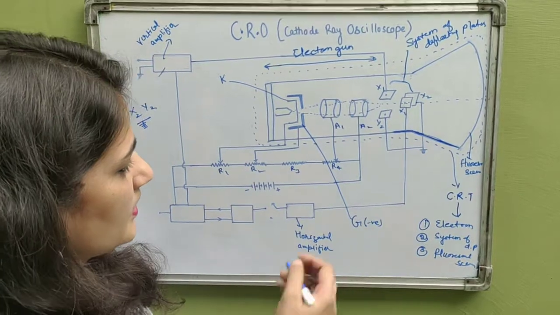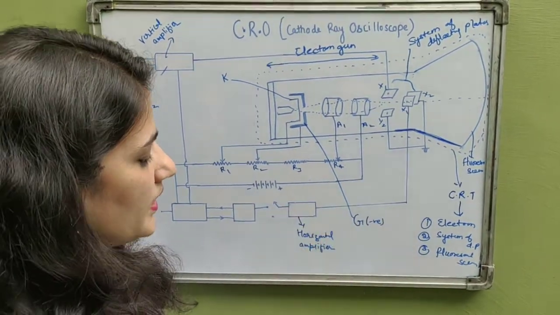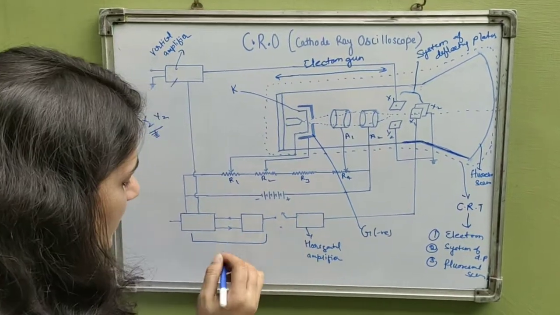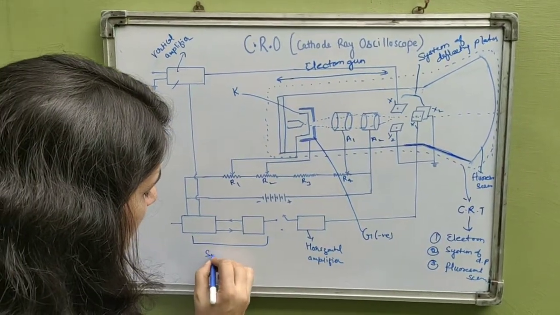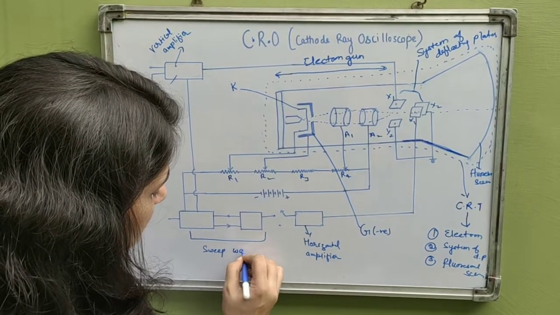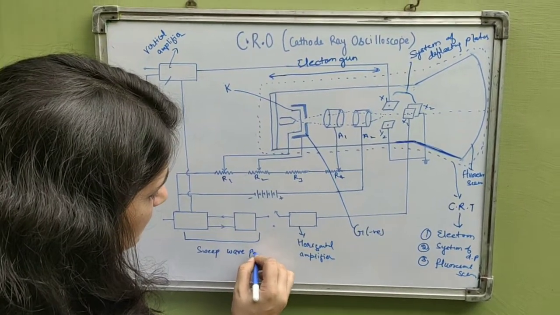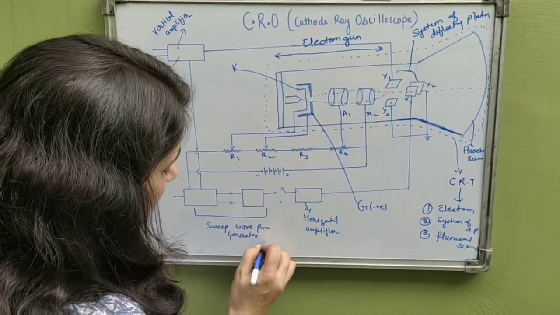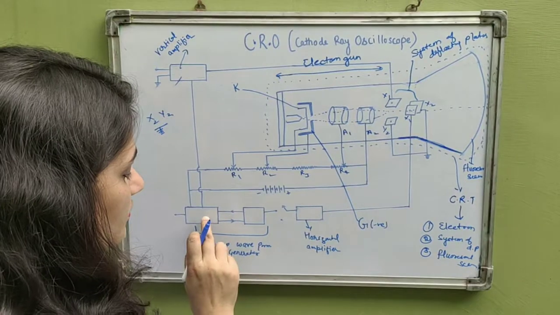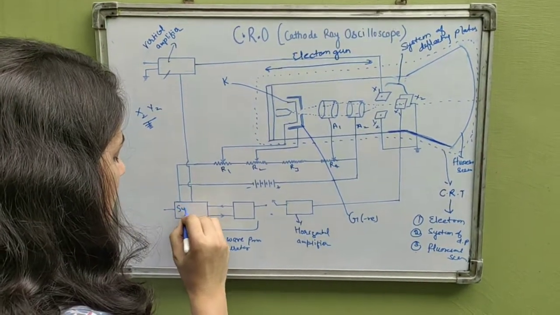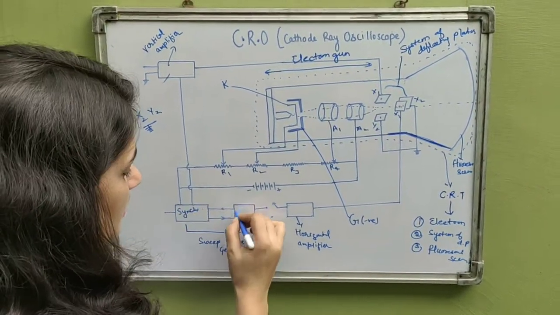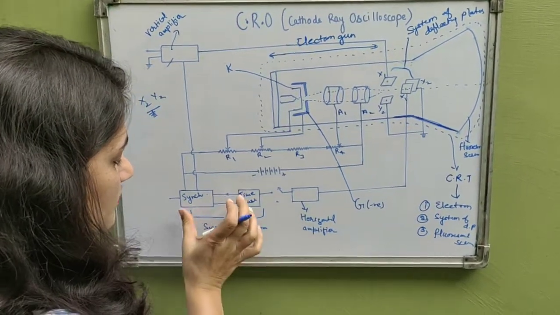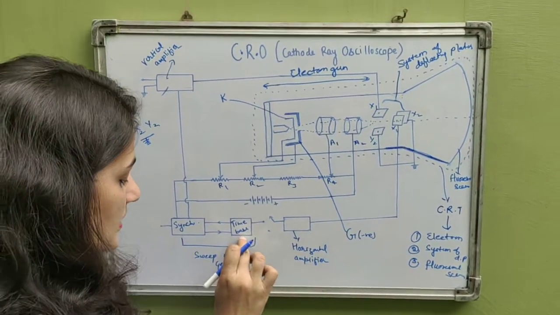So this is the third part of the CRO, and the fourth and last part is known as the sweep waveform generator. This sweep waveform generator consists of two parts: first is the synchronization circuit, and second is the time base circuit.